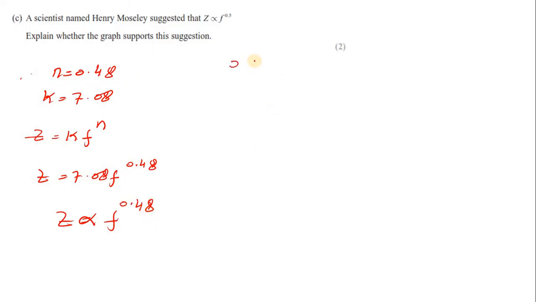And now 0.48 can be rounded off to 0.5. So z is proportional to f 0.5. So yes, you can say that the suggestion supports the model. Okay.